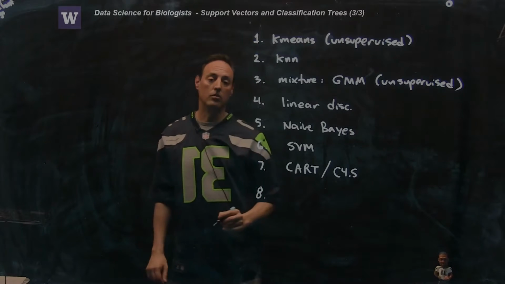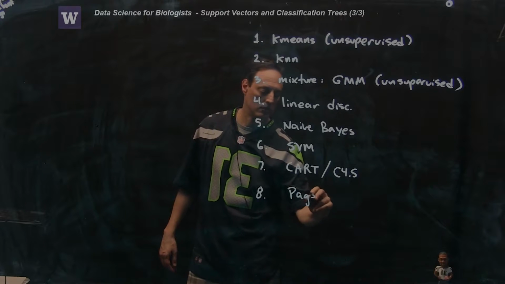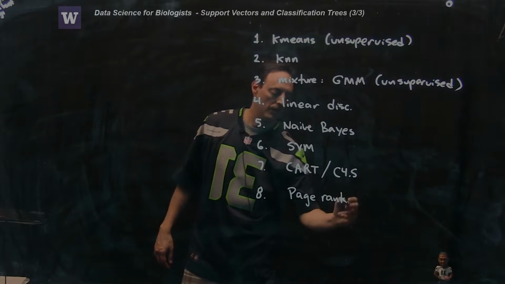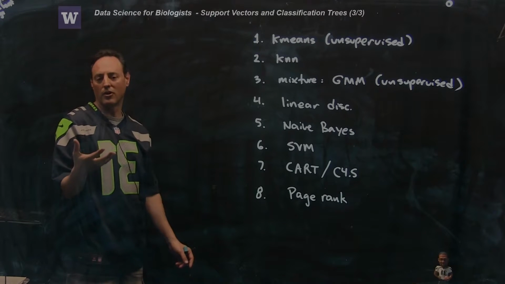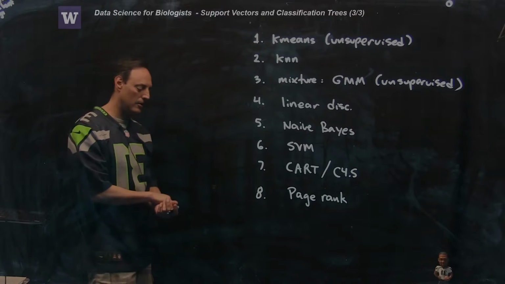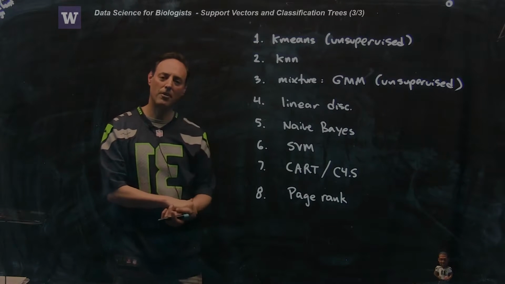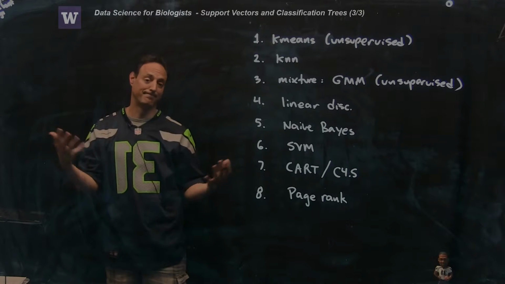One of them you know, or you've heard of. It's called PageRank. So PageRank, you've probably heard of due to Google. Basically, Larry Page and Sergey Brin came up with this algorithm in the late 90s about how to rank web pages.